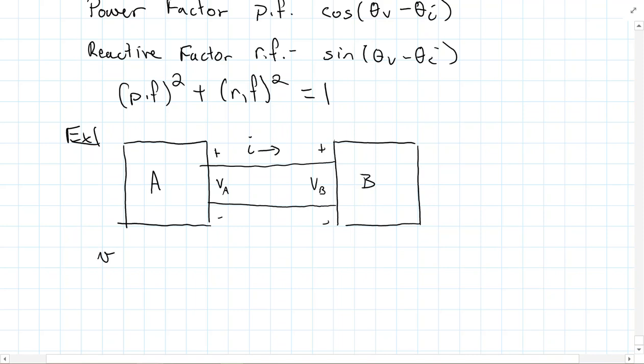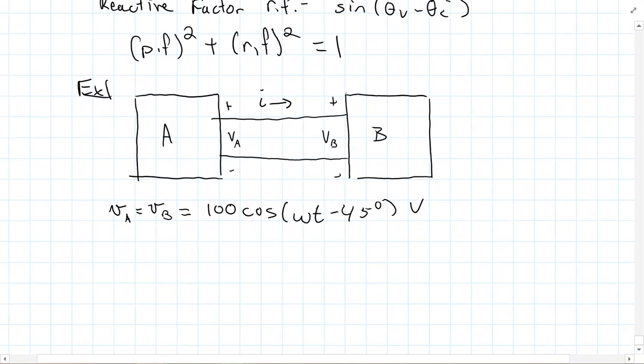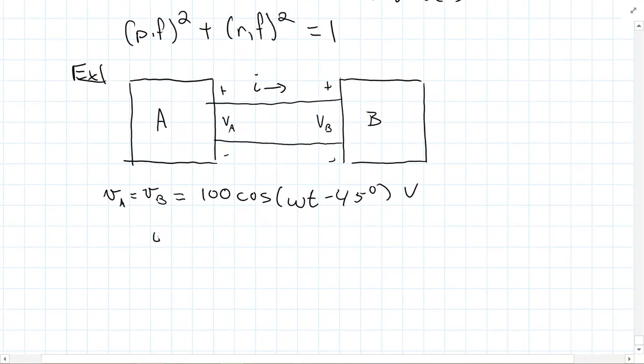So VA equals VB, which is simply going to be 100 cosine of omega t minus 45 degrees volts. And then I is simply going to be 20 cosine of omega t plus 15 degrees.